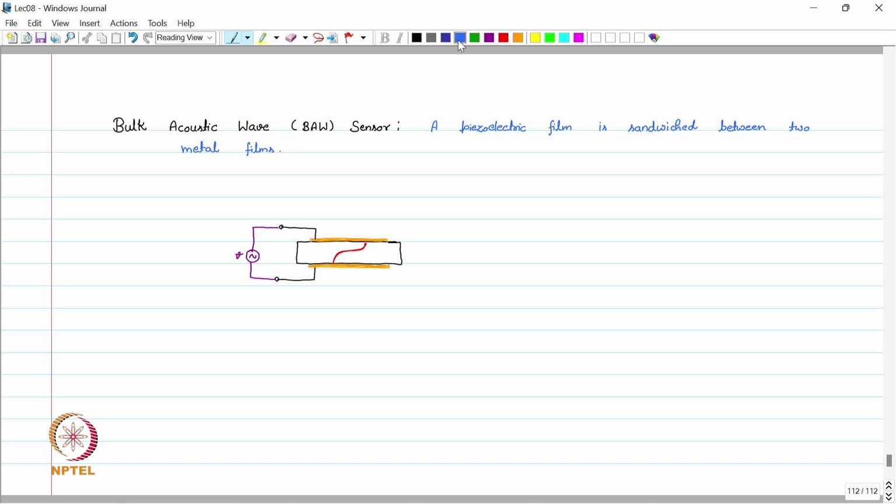So this is the acoustic wave, and this is now propagating within the material.